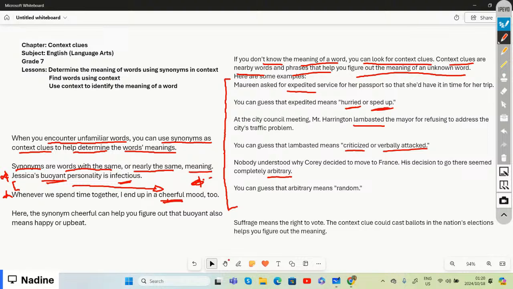And if we look at that word arbitrary, you can guess that that word means random. Like he just made a random decision to move to France. We don't even understand why, but he made that random decision to move.